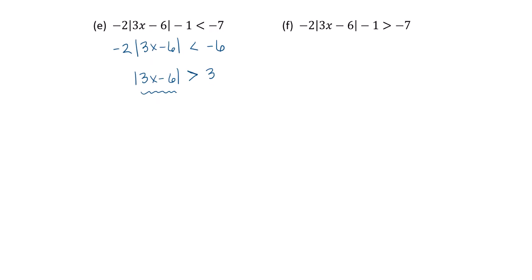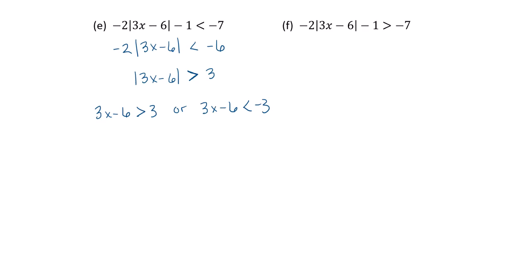Now the absolute value of 3x minus 6 is greater than 3. We're pointing away from the absolute value, so we're going to have two outside intervals that are joined with an or. I'll have 3x minus 6 is greater than 3, or 3x minus 6 is less than negative 3.